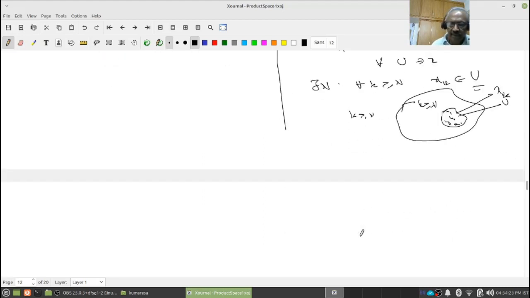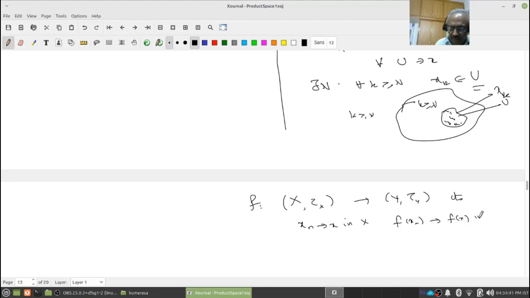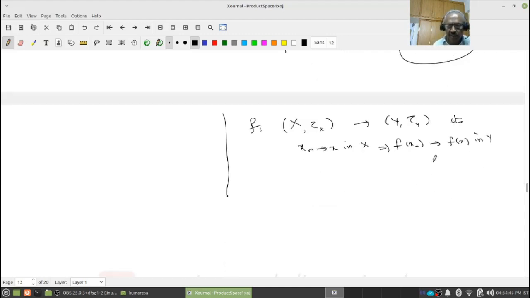Right? And the second thing you have to say is, if f is a continuous function from (X, tau X) to (Y, tau Y), and if xn converges to x in X, then f of xn converges to f of x in Y. This we had already seen, but let me quickly go through the proof.